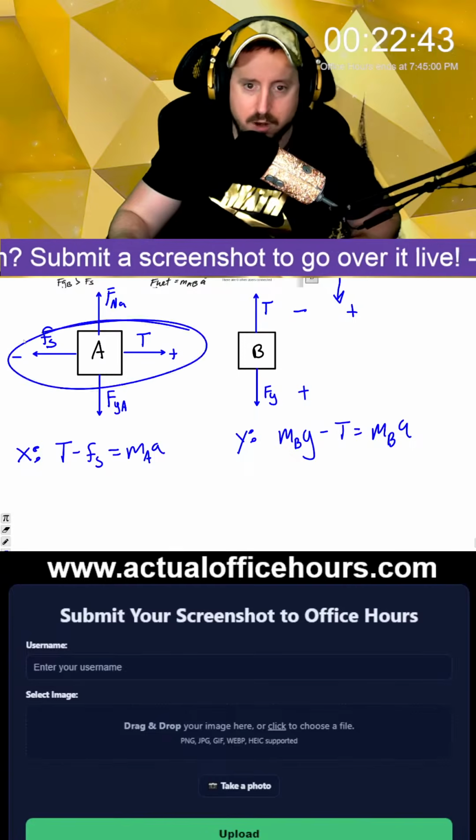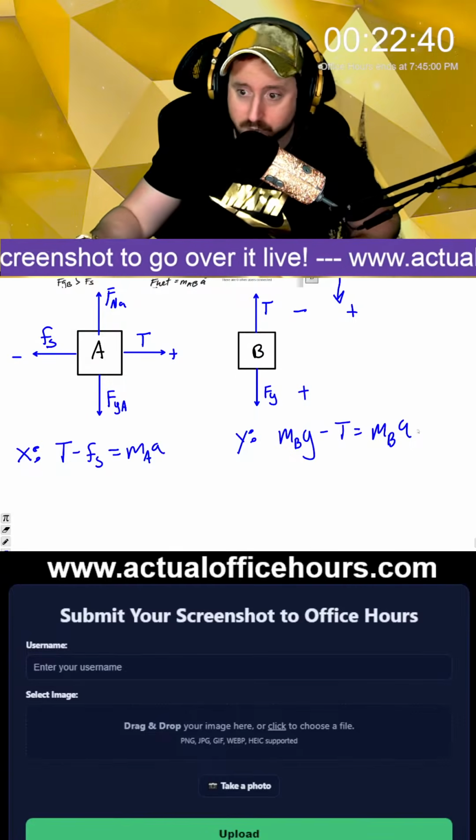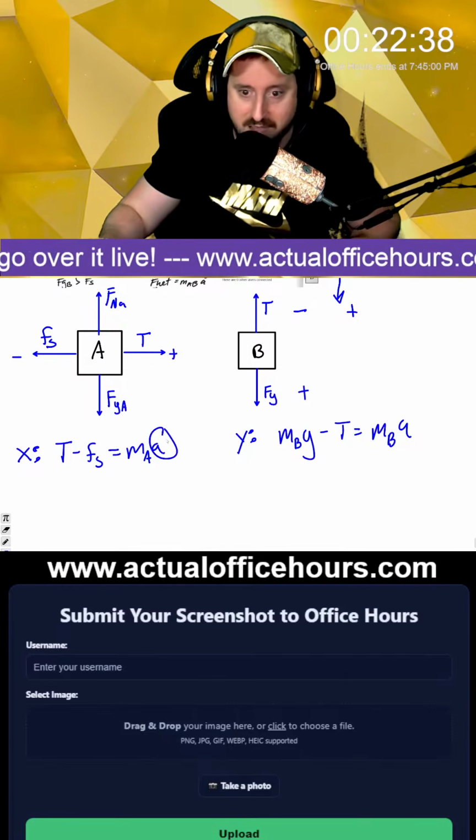And that acceleration this way is equal to acceleration this way, so these a's are the same.